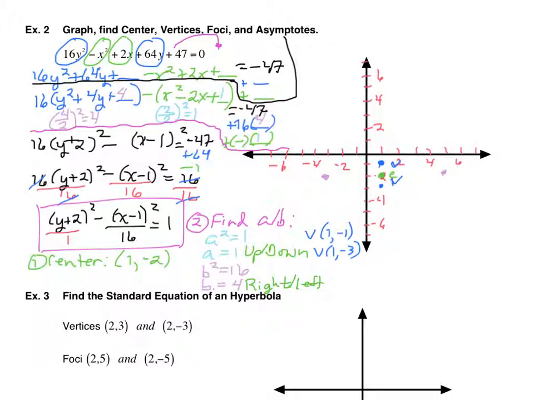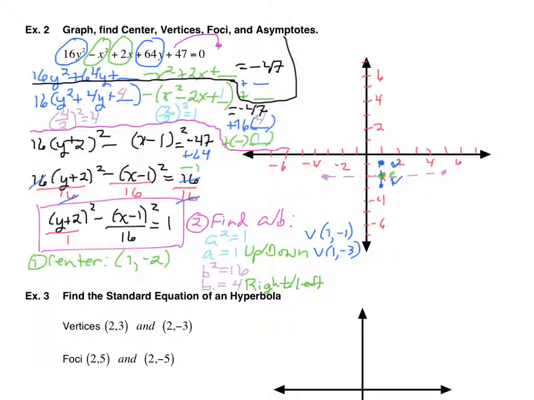So here's the transverse axis, and here's the conjugate axis. So this time our transverse axis is much smaller than our conjugate axis. Again, the transverse axis is not necessarily the bigger one, but the transverse axis is where the vertices to the hyperbolas belong. And so at this point, you can plot your asymptotes and your rectangle. So that's what we're going to end up doing.